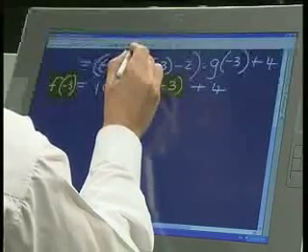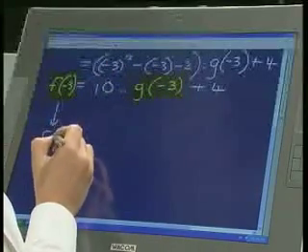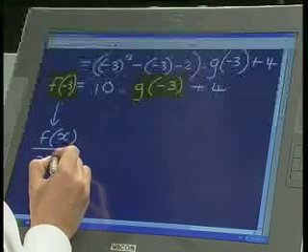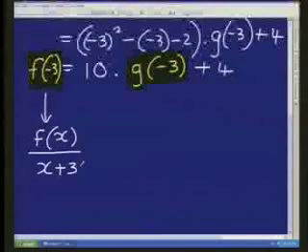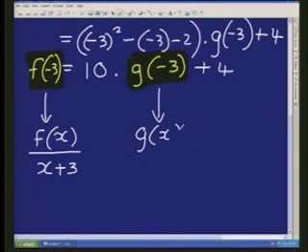And I'm going to try and explain again. Here, if you divide f of x by x plus 3, what does the remainder theorem tell us? The remainder theorem tells us that the remainder is this which I've highlighted. Here, it's g. So if we divide g of x by x plus 3, what does the remainder theorem tell us?